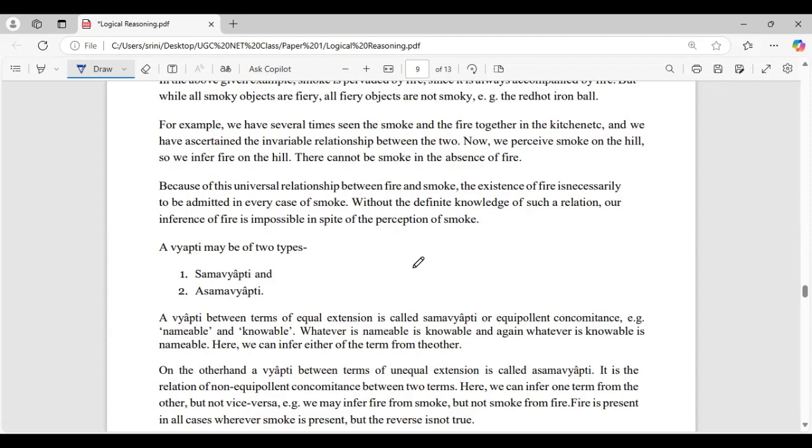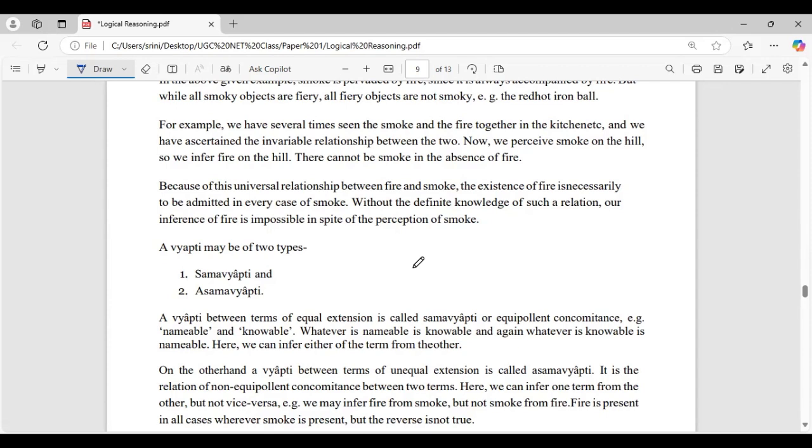Example: nameable and knowable, what can be named and what can be known. Like a dog, what barks, a sound we can know; a cat, the sound of a cat; a goat, the sound of a goat; a lion, the sound of a lion. Whatever is nameable is knowable, and again, whatever is knowable is nameable.